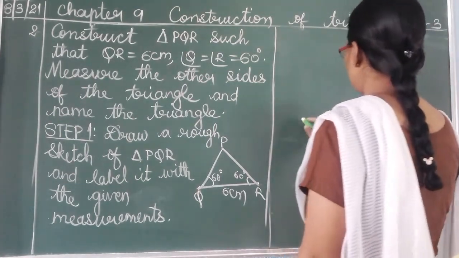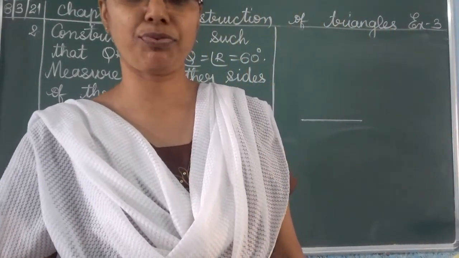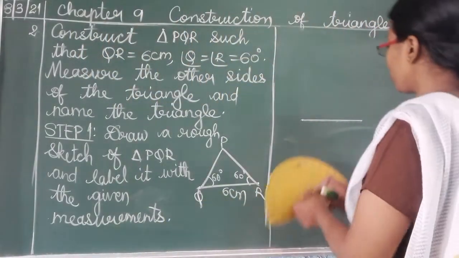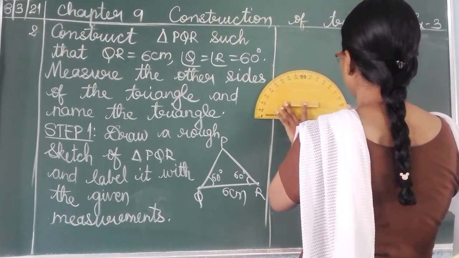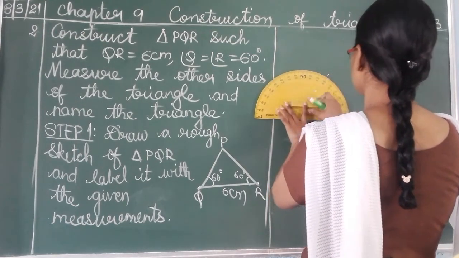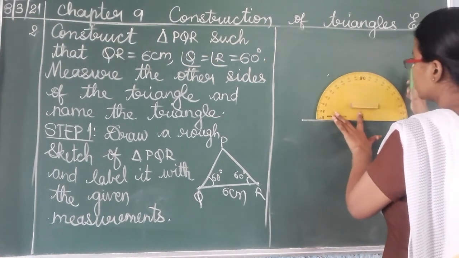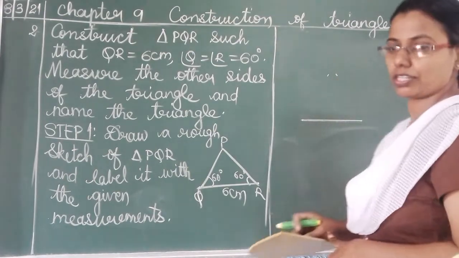Using your scale, draw a line. The measurements on my scale is different, but you use your scale and draw correctly. Now we are going to use the protractor and mark 60 degrees, and from the other side also let us see the outer scale and mark 60 degrees.